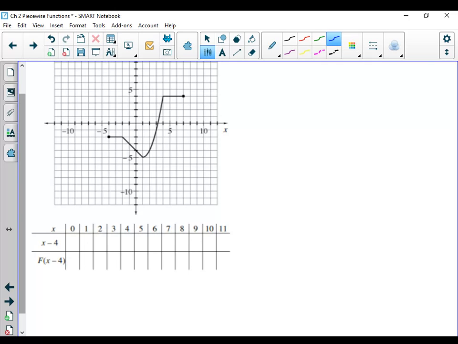Those x values are different than the ones you had originally. Then it says just take x minus 4. So in other words, you're just going to subtract 4 from each of those values. You're not plugging them into anything, you're just literally subtracting them. So that's really what that row is.